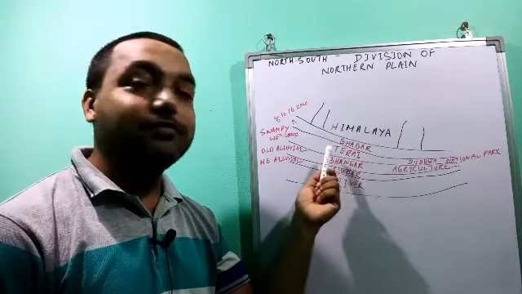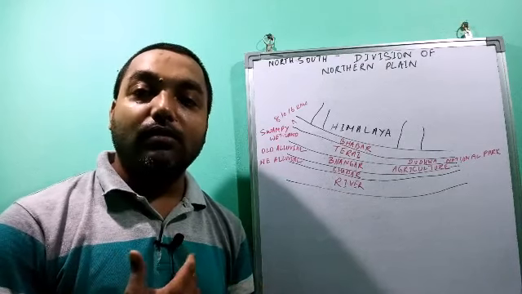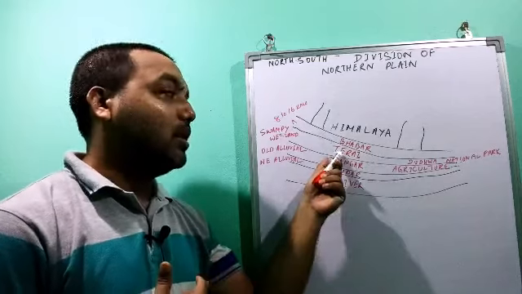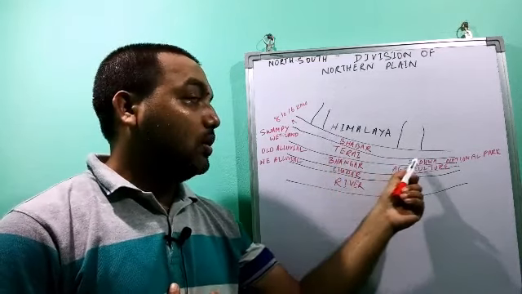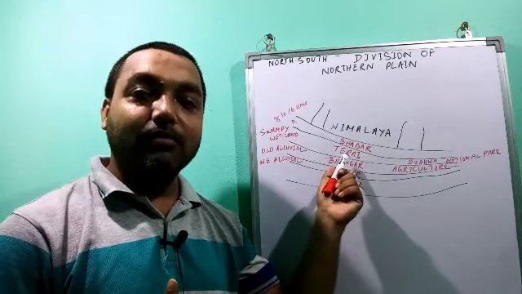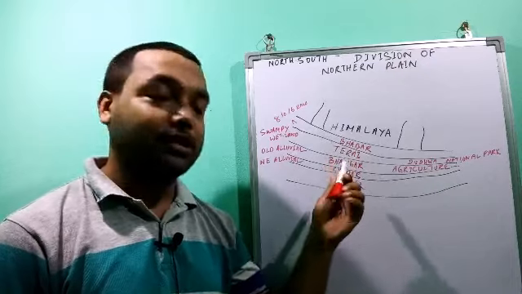This Terai region is very rich in natural forest, animals and habitat. Dudhwa National Park is found in this belt, and many different kinds of plants and animals are found in this region.